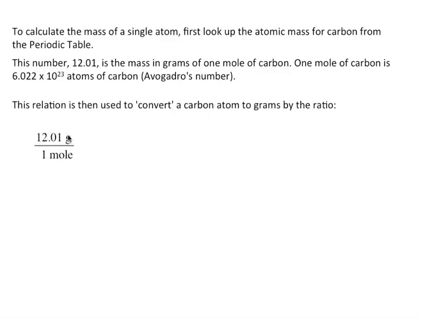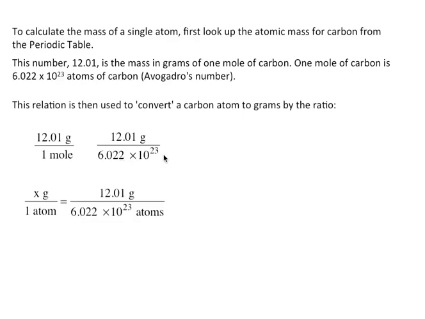And I put the grams on top because what I'm trying to find is the mass, right? I'm trying to find the number of grams in 1 atom. So what this means, the 12.01 grams per 1 mole, means 12.01 grams per 6.022 times 10 to the power of 23 atoms. So this is the number of atoms. So I'm going to set up a nice ratio.